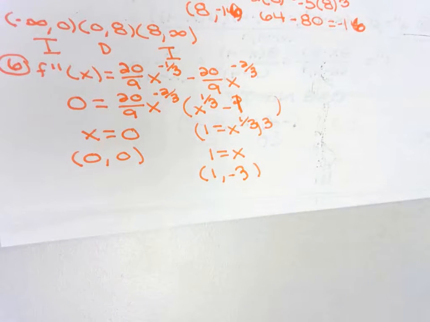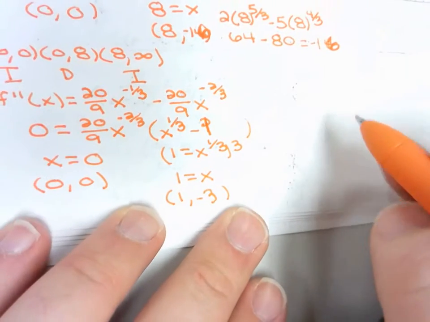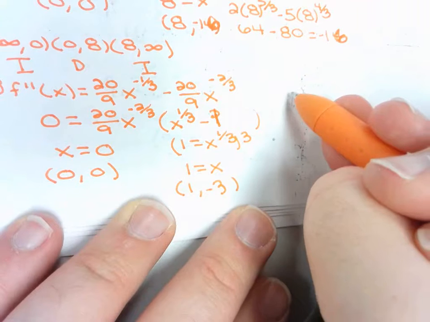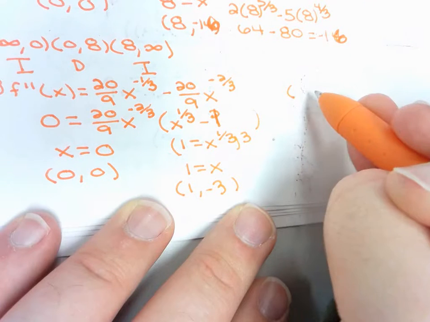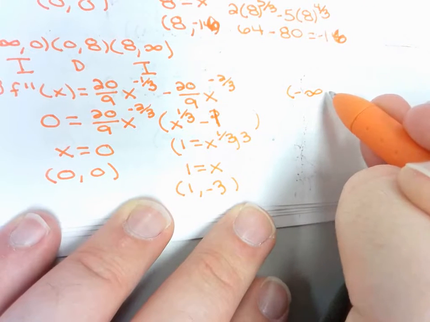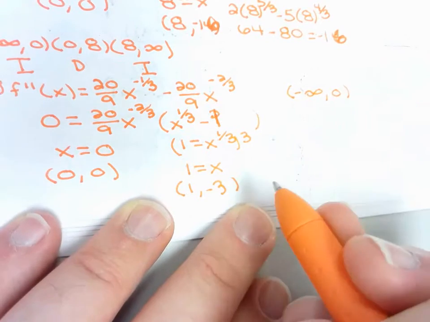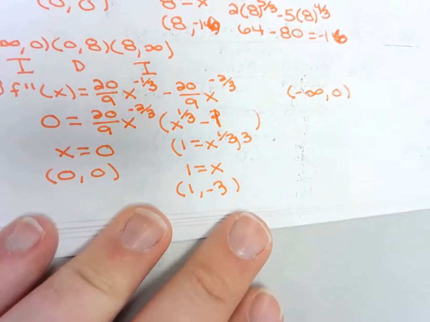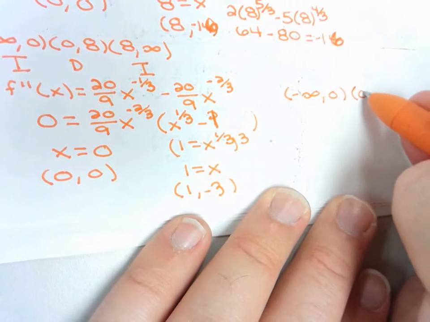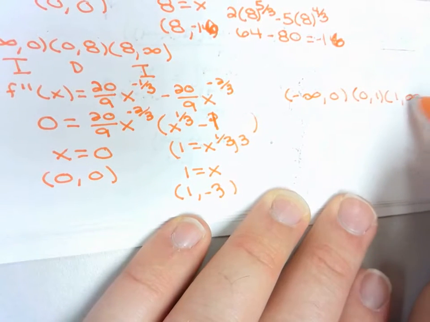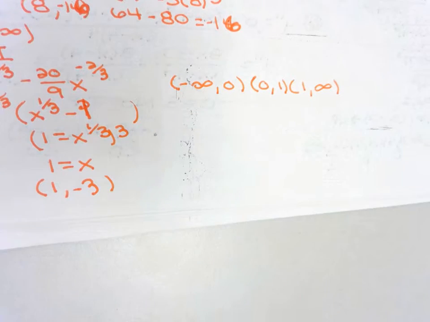And let's go and check concavity. So my intervals I need to check for concavity are going to be negative infinity to 0, 0 to 1, and 1 to infinity. Okay, so let's check.